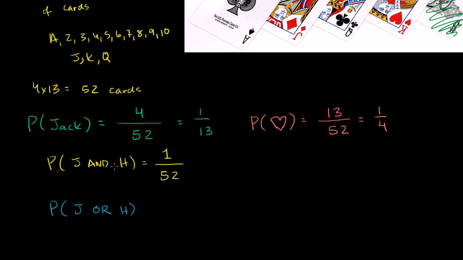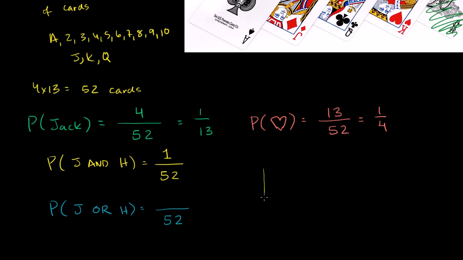It could be the jack of hearts, the jack of diamonds, the jack of spades, the queen of hearts, or the 2 of hearts. This is more interesting because we know there are 52 possibilities, but how many of those meet the condition that it is a jack or a heart? To understand that, I'll draw a Venn diagram.